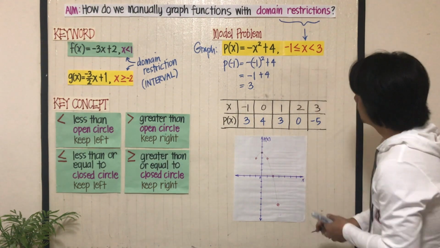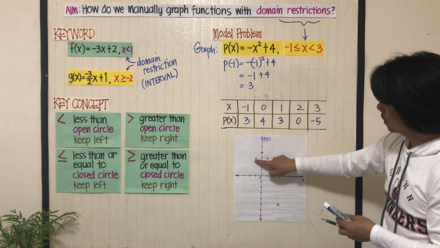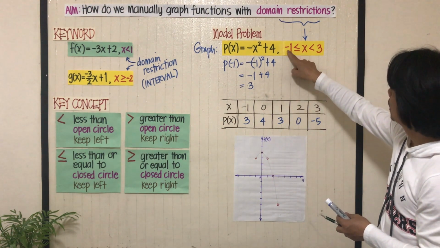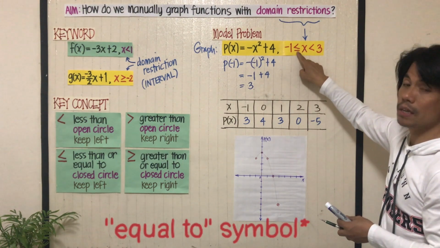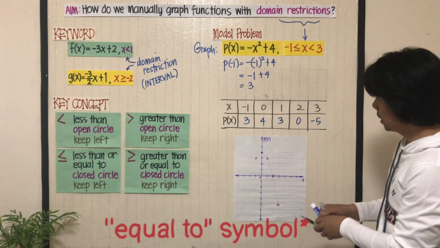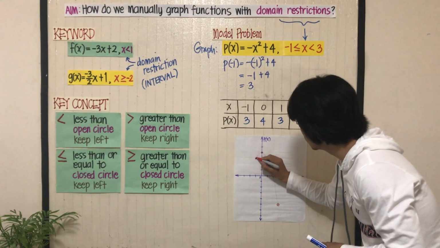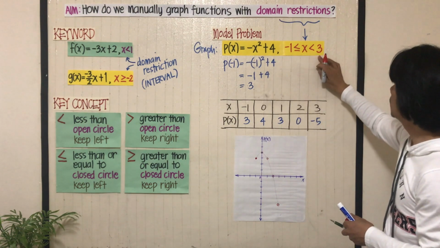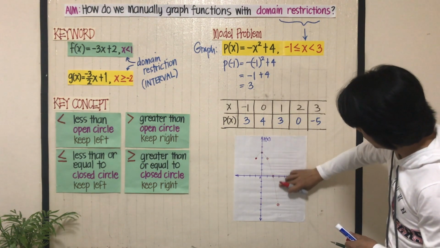Now, do we keep this as an open circle? Based on this, it's -1 less than or equal to x. Since there's an equal sign, that means we need to bubble that in. It's a closed circle. How about on the +3? +3 is right here.